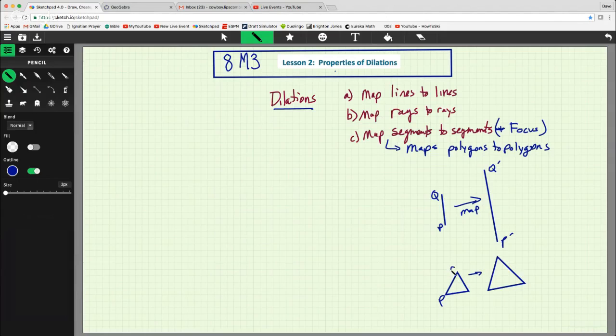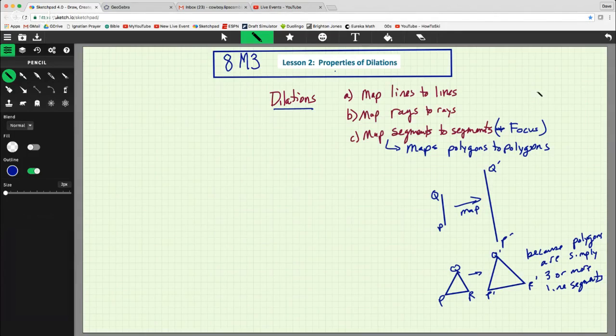If this was PQR, it could map it to P prime, Q prime, and R prime, because polygons are simply three or more line segments, right? Okay, again, so they map lines to lines, rays to rays, and segments to segments, by growing them or shrinking them.